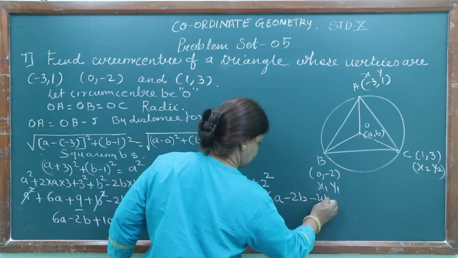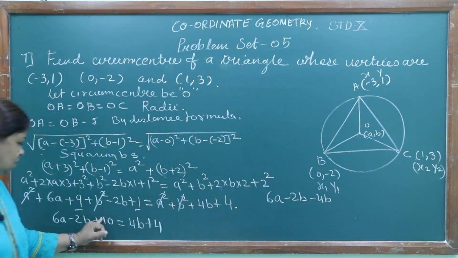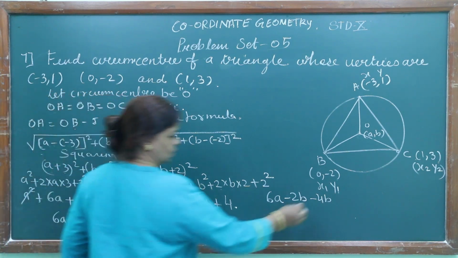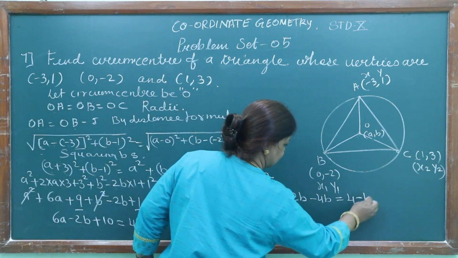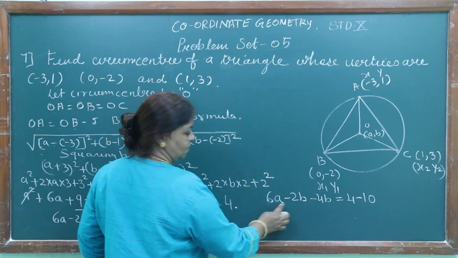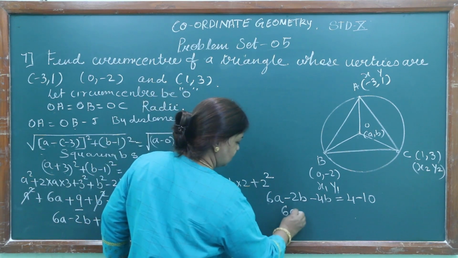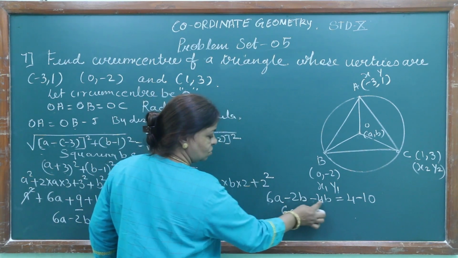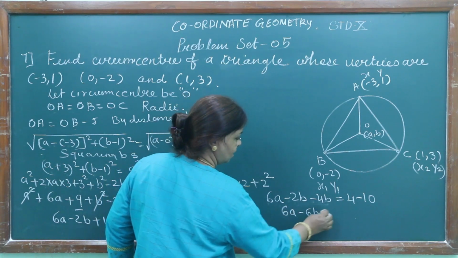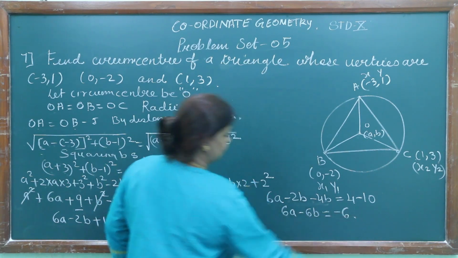Then 9 will go there, already 4 is there, minus 5, so 6a minus 6b is equal to minus 6.